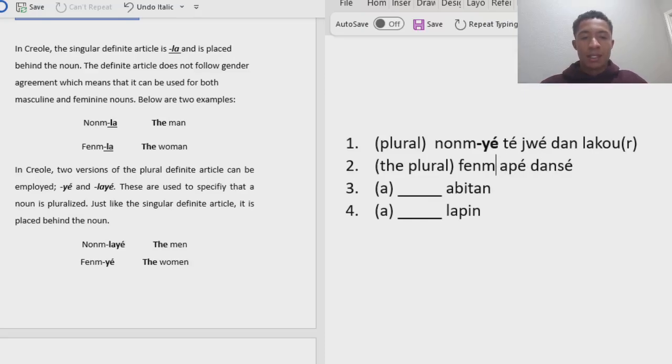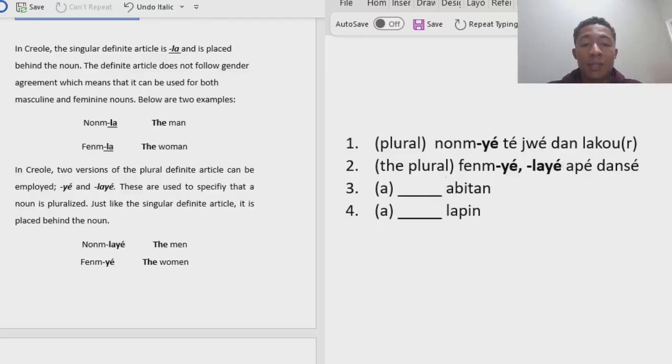Yep. Y'all are also correct, as you can use the hyphenated ye or even the hyphenated la ye. Femme ye api danser. Femme la ye api danser.